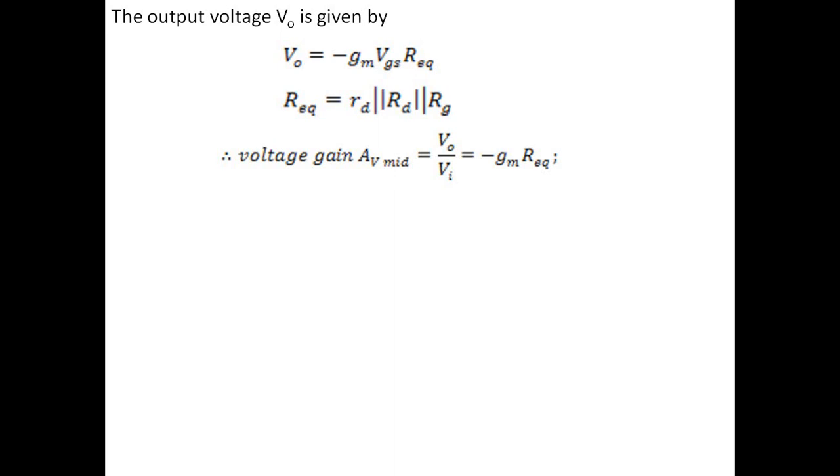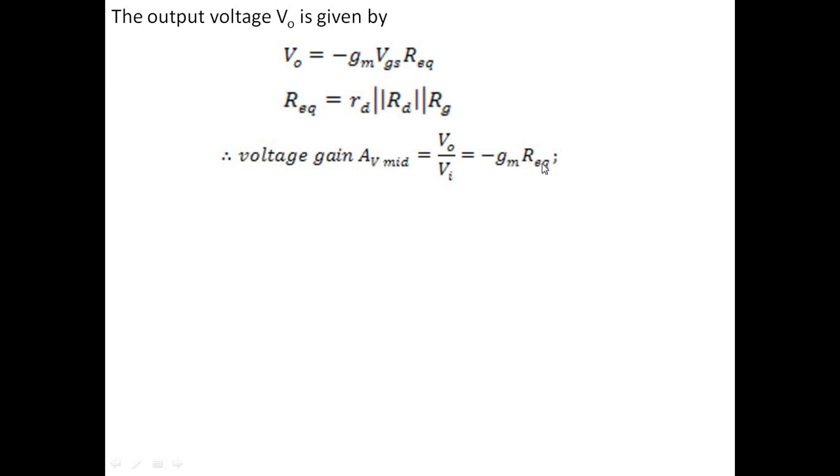So V naught is equal to minus gm VGS into R equivalent, where VGS is the input voltage applied across the gate and source, so we can replace VGS with VI. So V naught by VI, which is the voltage gain, is minus gm into R equivalent. This is the voltage gain in the mid frequency, equal to V naught by VI or V naught by VGS, which is minus gm into R equivalent.